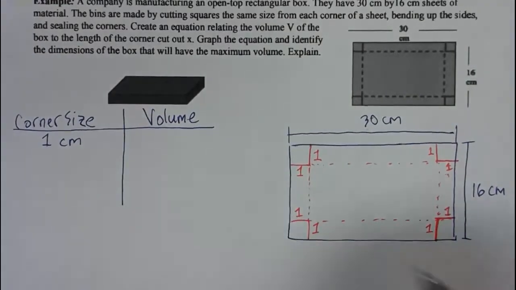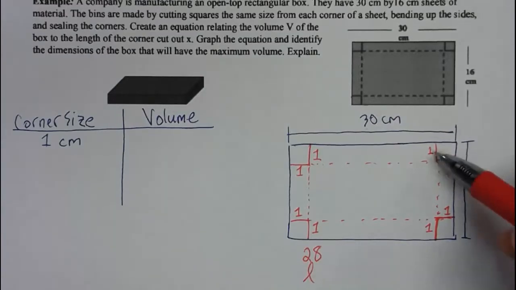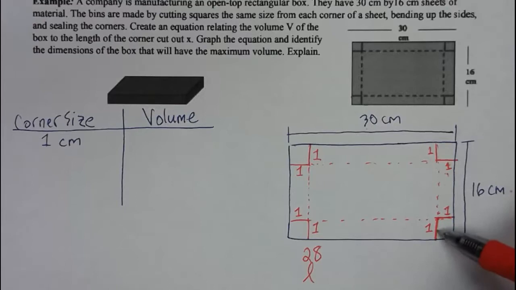So my length would be 28. For my width, I have 16 on the right-hand side, but I took away 1 and then 1 more down here, so that would be multiplying by 14.